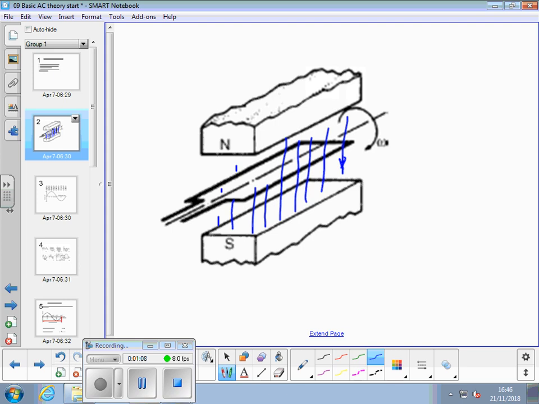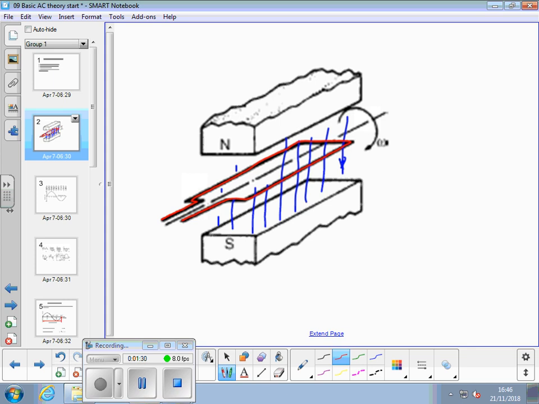And what we've got here is a single copper or other conductor winding in a loop between those two magnets.